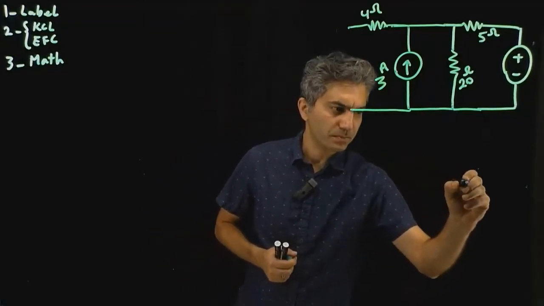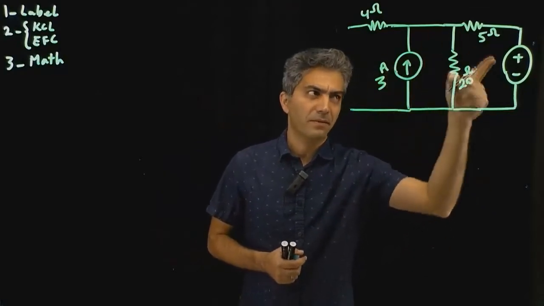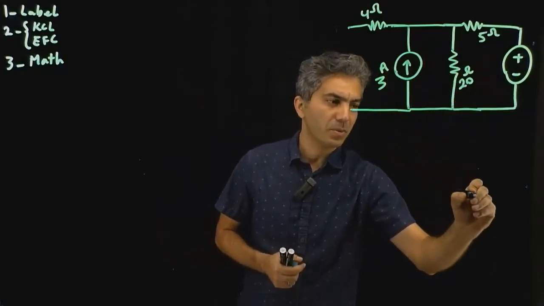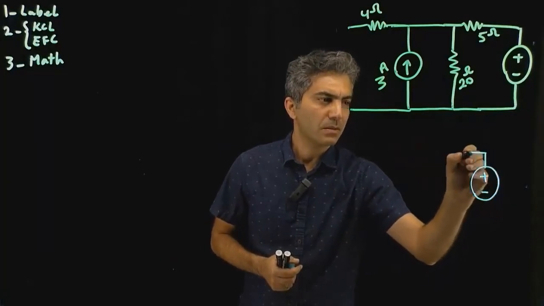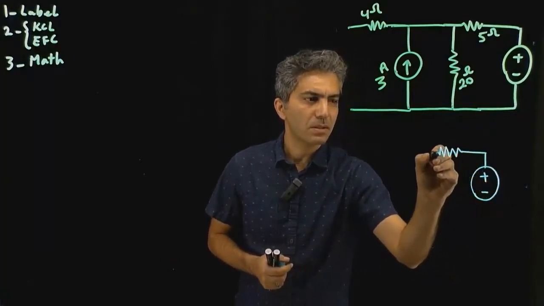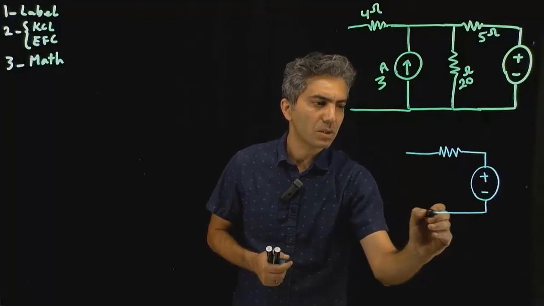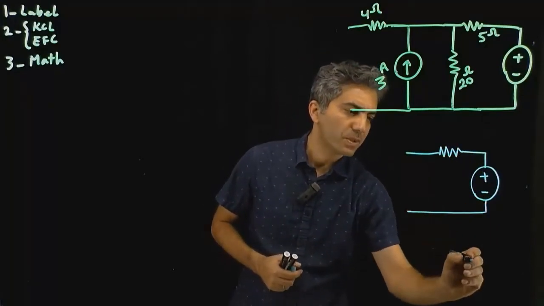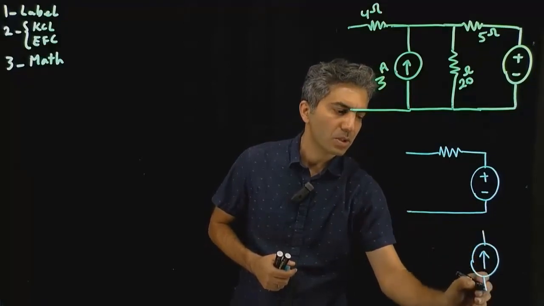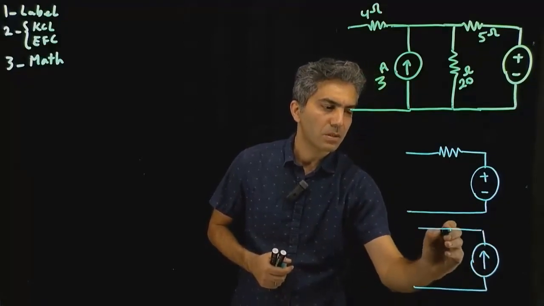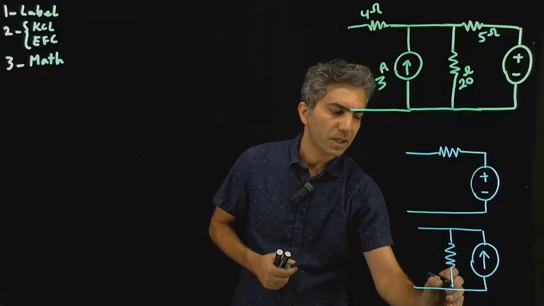If you choose to represent the functionality of the circuit with a voltage source, then there would be a resistance in series with that source. And if you choose to represent the same circuit with a current source, then there would be a resistance in parallel to that source.